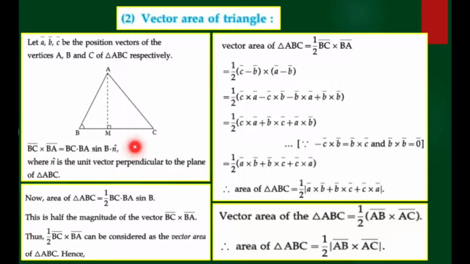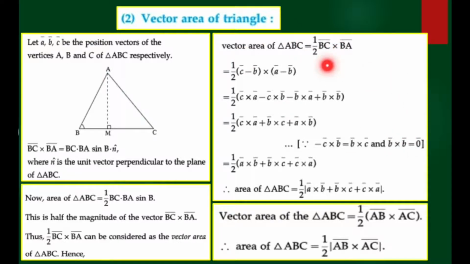When we take the magnitude, area of triangle ABC equals half into BC into BA into sin B. Thus half of BC cross BA can be considered as the vector area of triangle ABC. Hence vector area of triangle ABC equals half of the cross product of vector BC and BA.